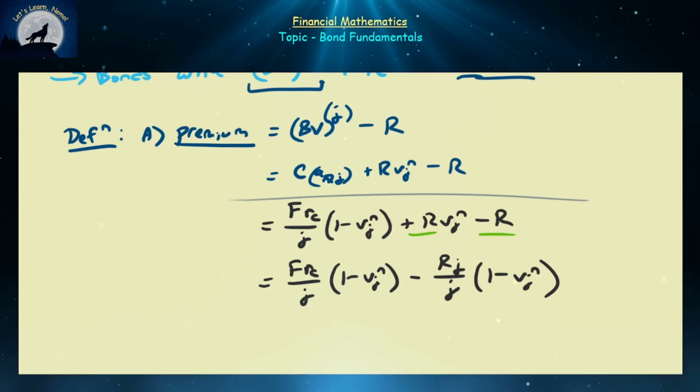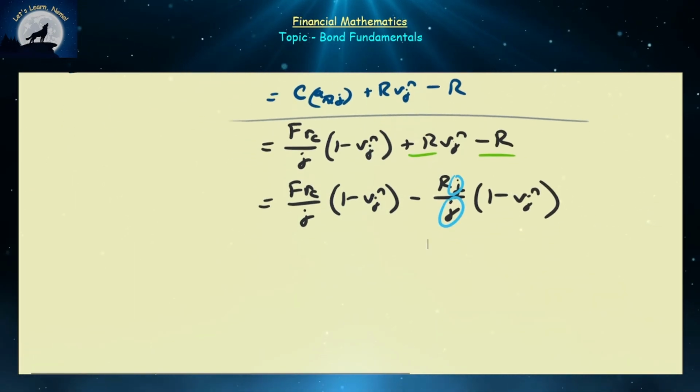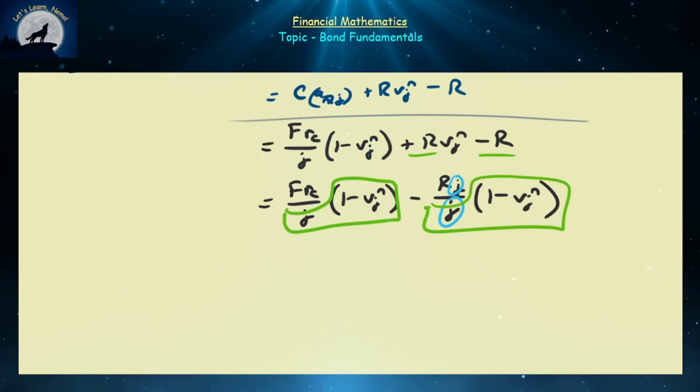Now, the only reason why I multiply top and bottom of this equation by j is because notice that I have something very, very in common here. In particular, I have this term here and this term here, which is just a present value of an annuity immediate. So what am I going to be left with?